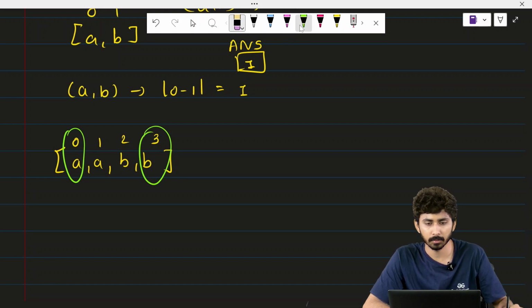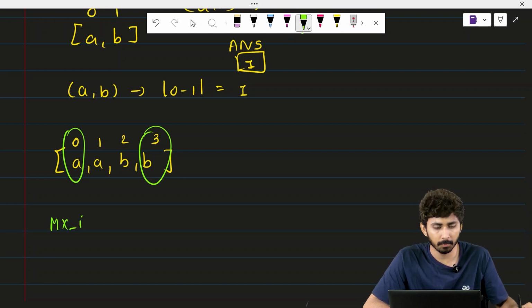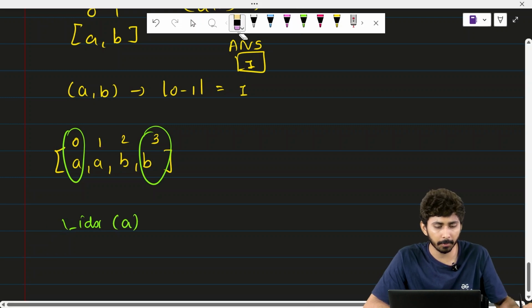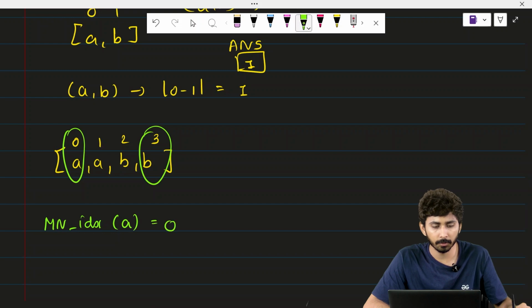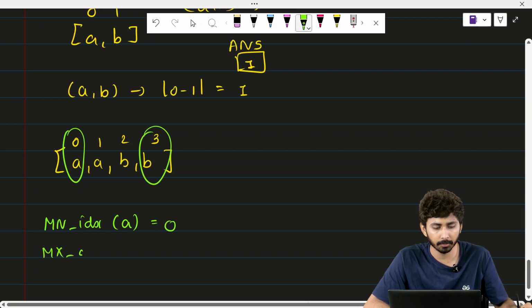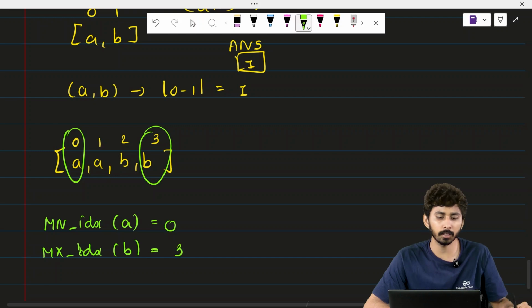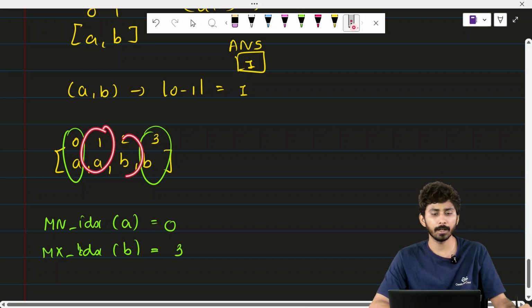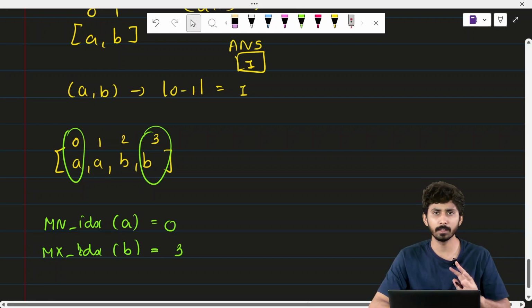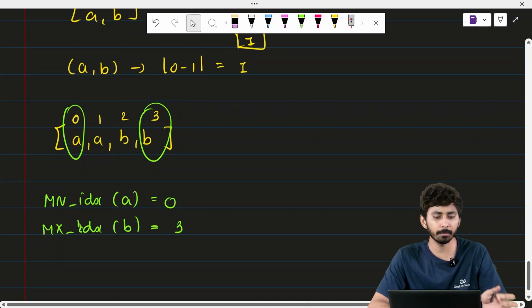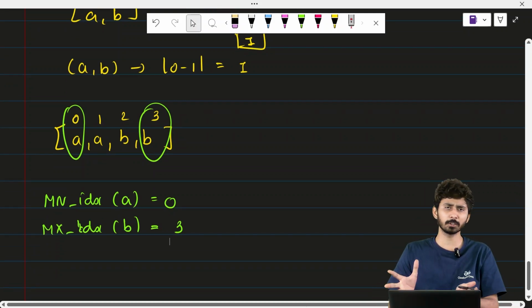So that means the minimum index of A is required, that would be 0, and the maximum index of B, that is equivalent to 3, is required. The rest of the indices, I don't care about them. I don't need them. Okay, so I need the minimum index of an element and the maximum index of an element.